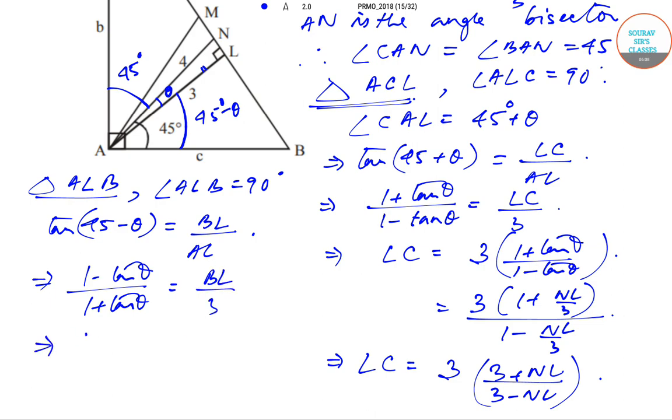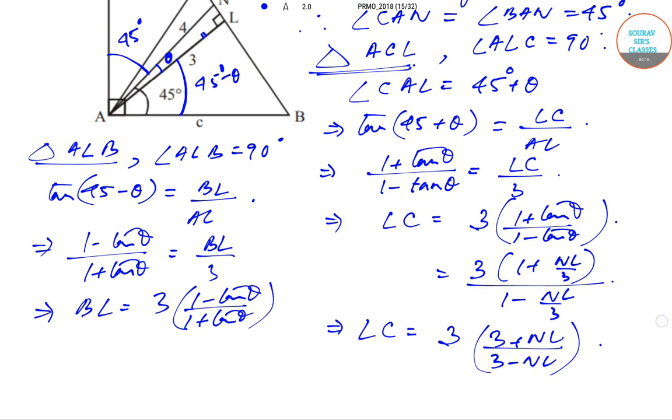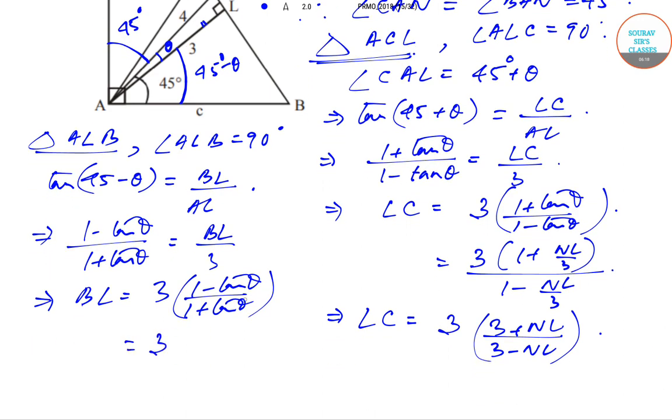That implies that BL is equal to 3 into 1 minus tan theta by 1 plus tan theta, which, since tan theta is equal to NL by 3, is 3 times 3 minus NL by 3 plus NL. So we have found BL and we have found LC.